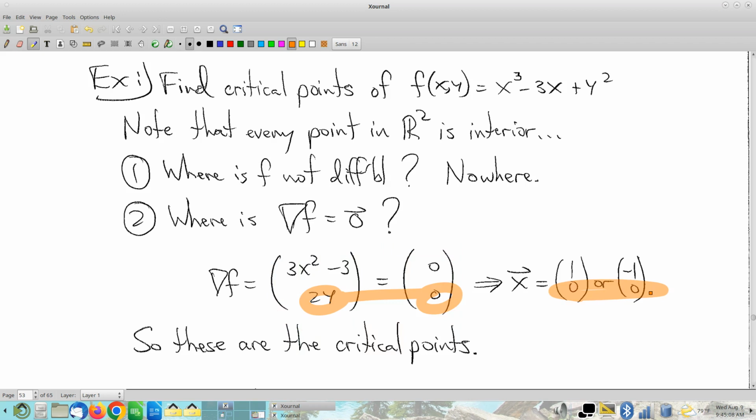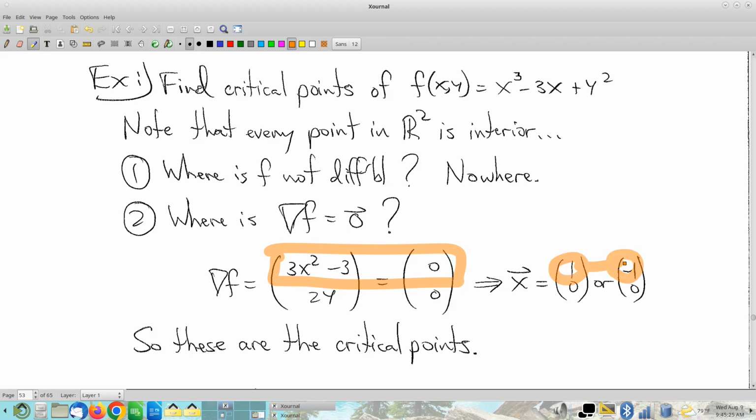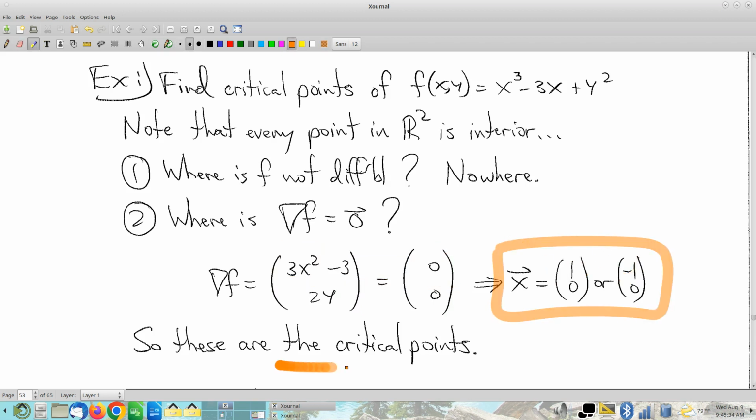Right? It says 2y equals 0. That means y has to be 0. And then looking at this algebra right here, 3x squared minus 3 equals 0. Well, you can solve for x, kinda, but there are two possibilities. And x could be either 1 or negative 1. Right, so we actually have two grand total critical points. Everybody see how that worked?